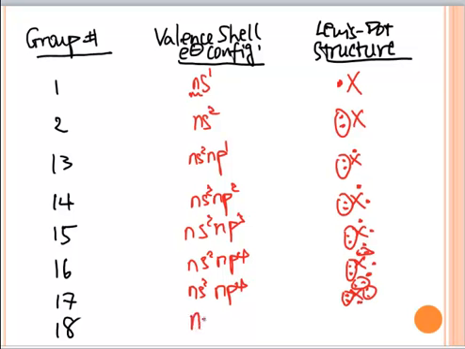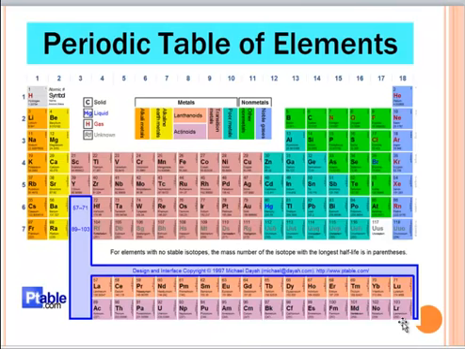And 18, ns2 np6, X will have 4 pairs. The exception will be helium. Helium only has 2 electrons, and that is a pair. So now you can see this is so well organized.